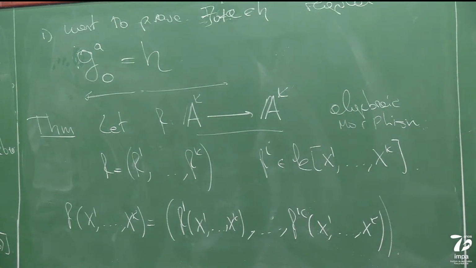So the strong statement is that if you have such a map and it's non-singular at one point, then the map is dominant.